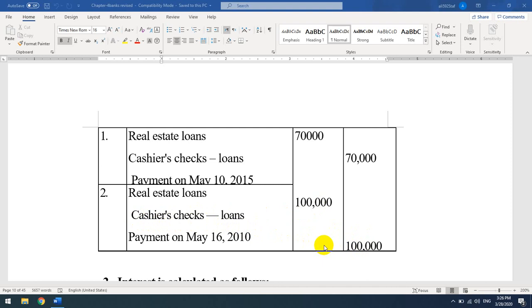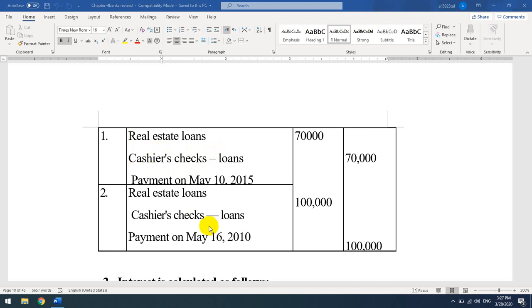This is required number 1. This is a journal entry to record the disbursement of the two pieces of the construction loan.